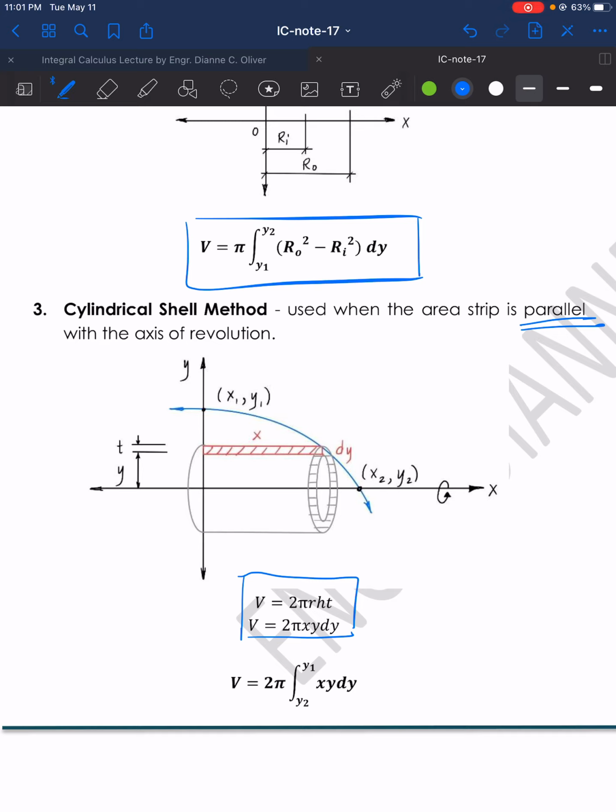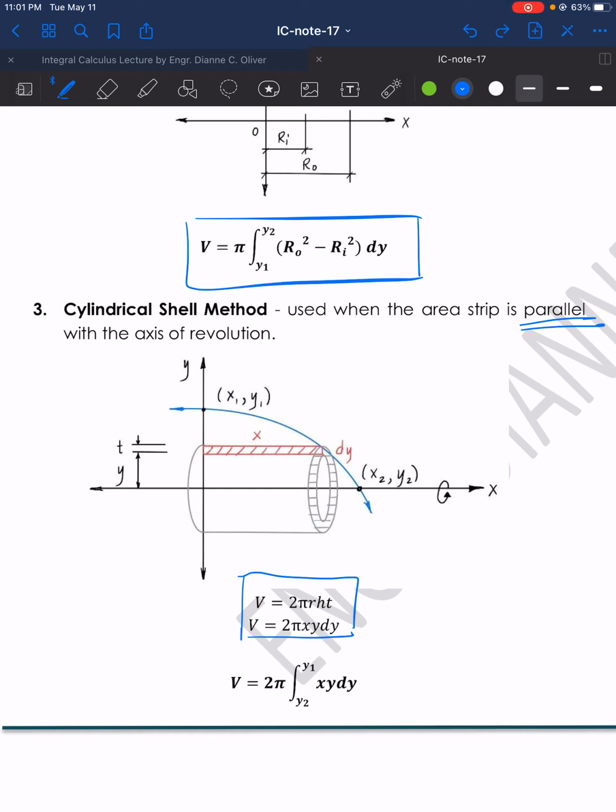Volume is equal to 2 pi r, 2 pi r being the circumference, multiplied with the length or the height of the can or the cylindrical shell, then multiplied with the thickness of the can or the shell.